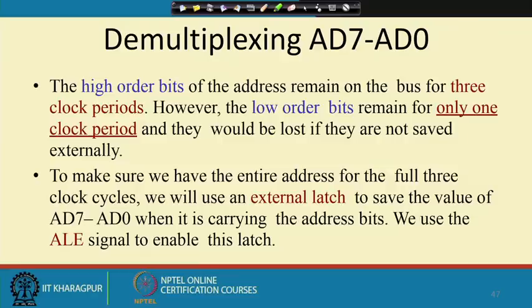In the first clock cycle, the higher order address bus will have the address bits A8 to A15, and the lower order address bus will have the value A0 to A7.